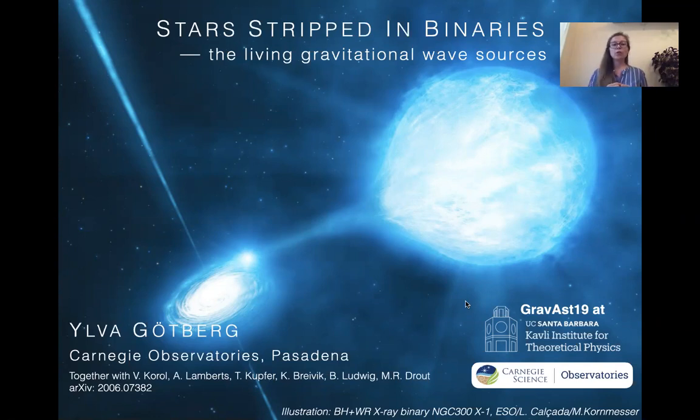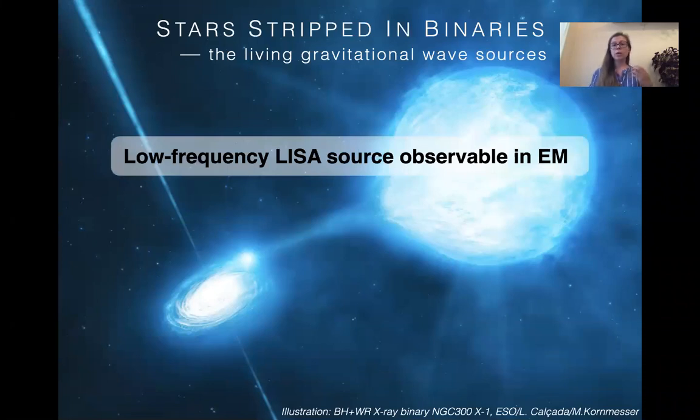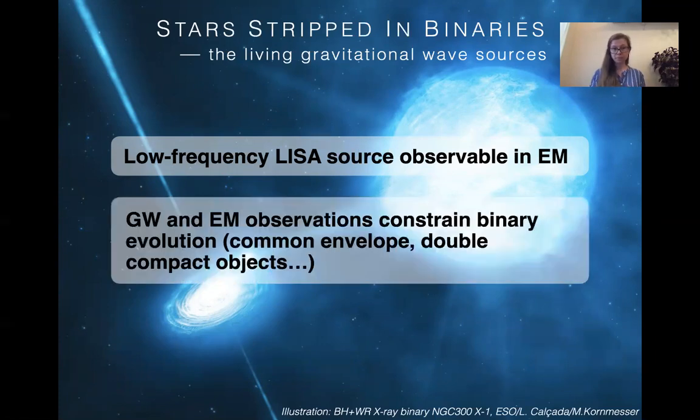Today I want to talk to you about how stars that are stripped in binaries can be LISA sources when they orbit really tightly with compact objects. So I would like you to remember from today that these sources will be low frequency LISA sources that are observable also in the electromagnetic regime, so they are therefore multimessenger sources.